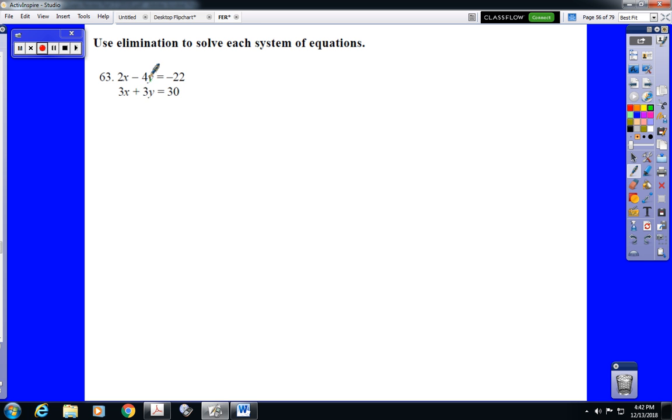So the least common multiple of 4 and 3 would be 12. It means I need to multiply the first equation by 3 and the second equation by 4. That would change this system into 6x minus 12y equals negative 66, and 12x plus 12y equals 120.